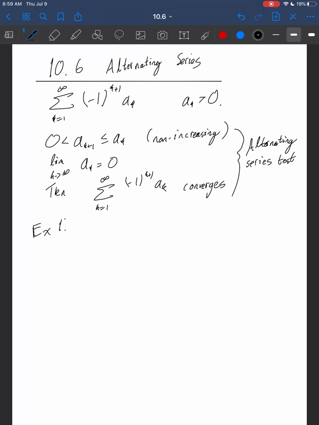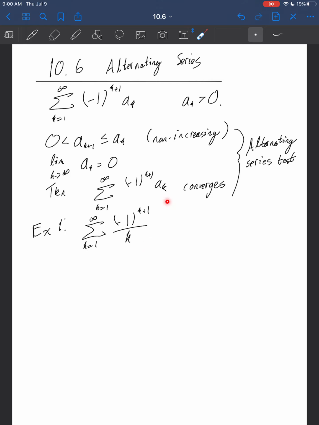Okay, so let's look at some examples. Example 1. Let's go back to our old friend, the harmonic series. K equals 1 to infinity, negative 1 to the k plus 1 over k. Right, we've talked about this a lot. This is a p series with a p of 1.